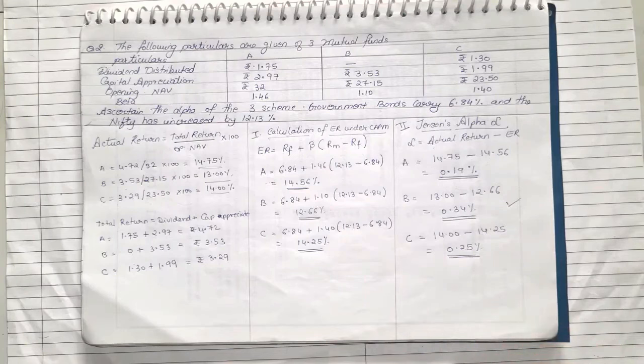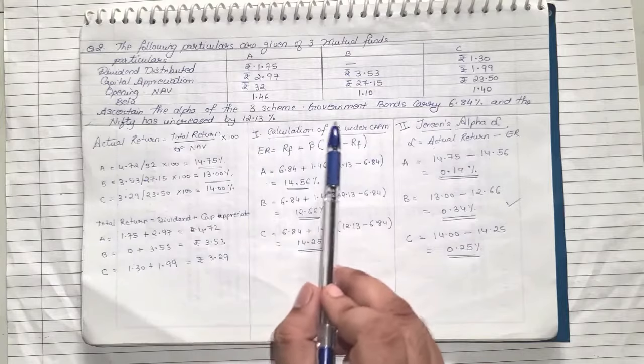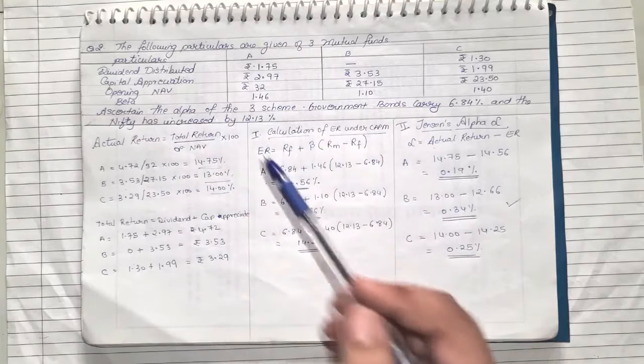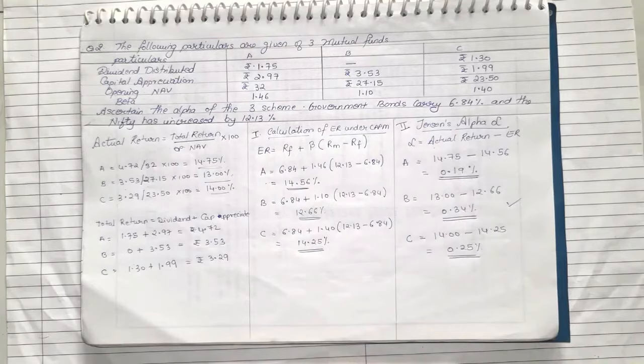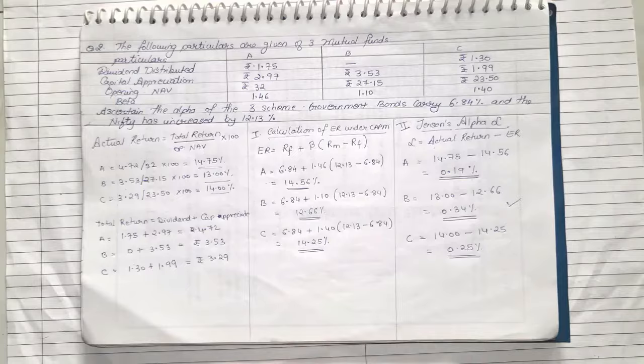So this is how you have to solve the sum based on finding alpha when they give you all the values except the actual return, and it is not for multiple years. The first type of sum had multiple years. This is without multiple years, but there are different scripts or different securities that have been given to you.